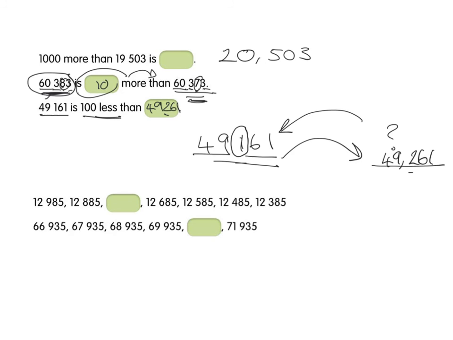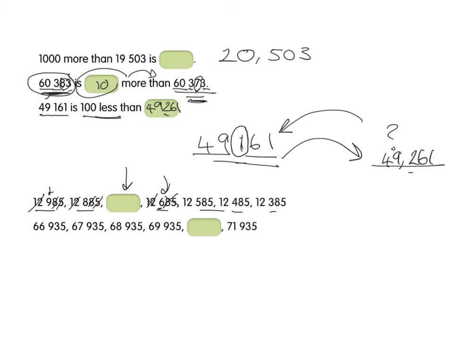So sometimes you'll get questions like this where you've got a string of numbers and you've got to work out what a missing number is. What do you notice? I notice the digits that stay the same. These are staying the same. I notice the digits, these are staying the same as well, the 10s and 1s, and I'm noticing this is changing. This is the same, 12,085, these 2 bits are the same, but this is changing.